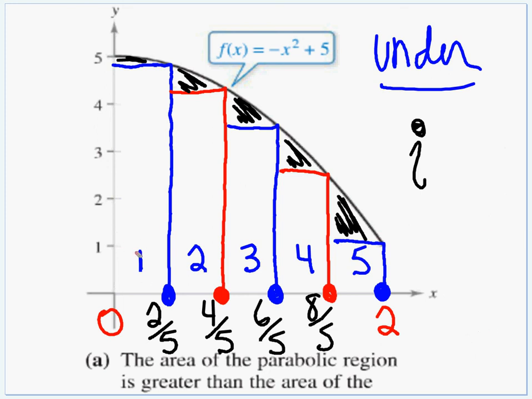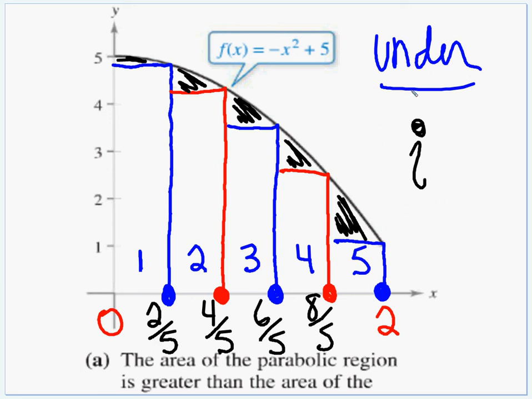When we put 1 in for I, we get the right endpoint 2/5. When we put 2 in for I, we get 4/5. When we put 3 in for I, we get 6/5. The reason we're doing the right endpoints longhand is that this is usually the easier way to go.